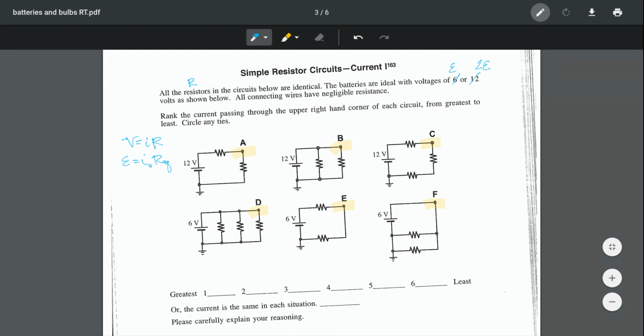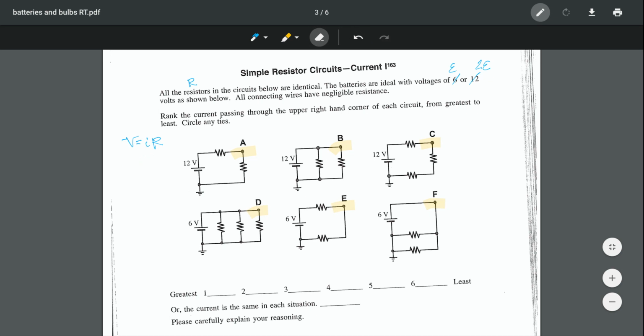It doesn't work for B and D, as I said, because in B and D, the battery current is not the current passing through the upper right-hand corner of the circuit. So you need to use a different approach there. The approach that I want to talk to you about, though, is I'm going to get rid of this here.